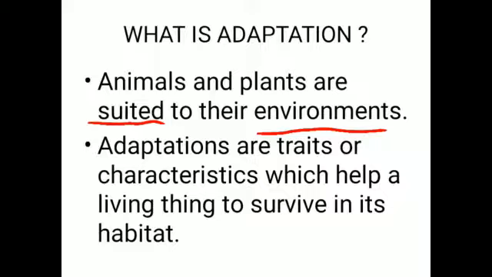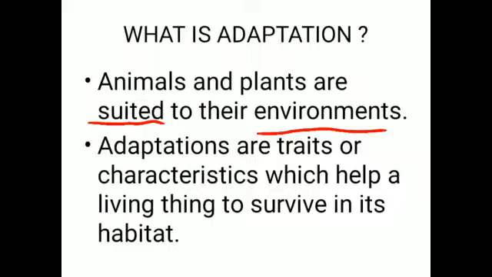Like you and me are living in our houses which are very comfortable. In our houses we can get our food, we are safe, we are protected, and we have all the rights and comforts. So our houses are suited to us. Similarly, where animals are living, where plants are living, they are surviving at their best level. It means they are suited to their environment.